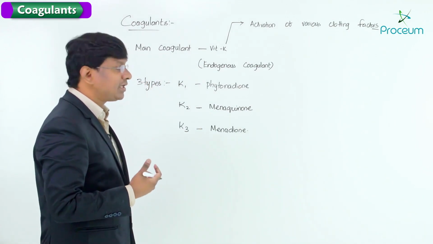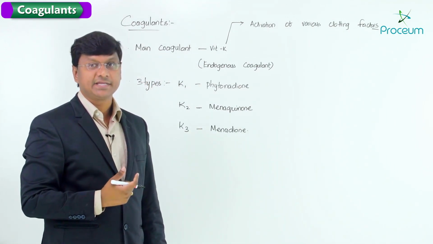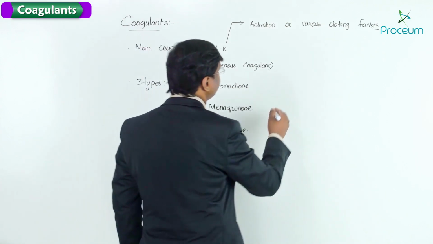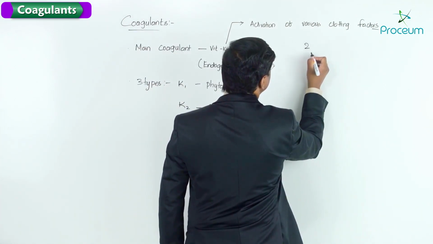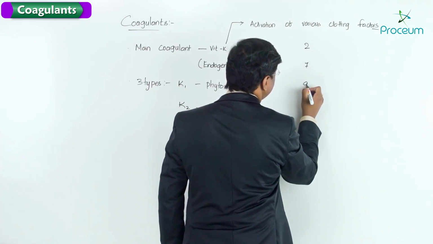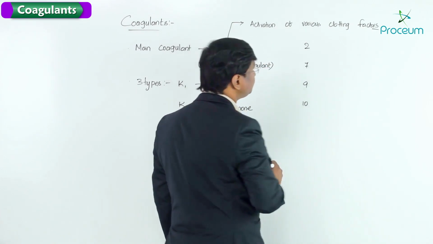And what are those clotting factors which are activated by this vitamin K? That includes 2, 7, 9 and 10.